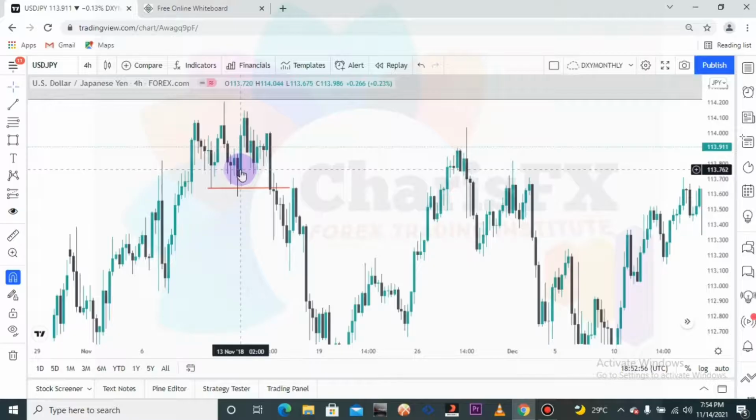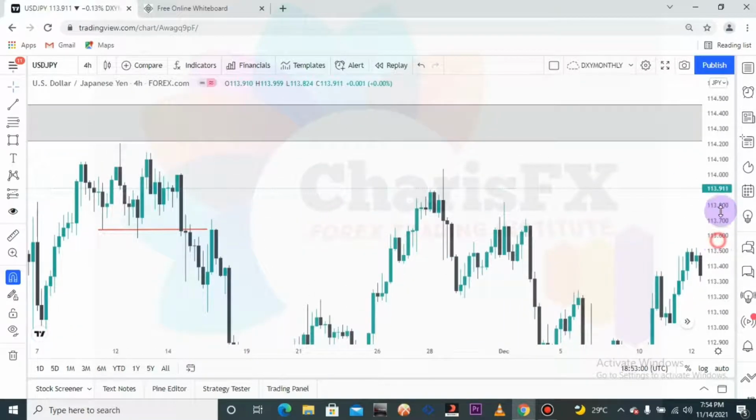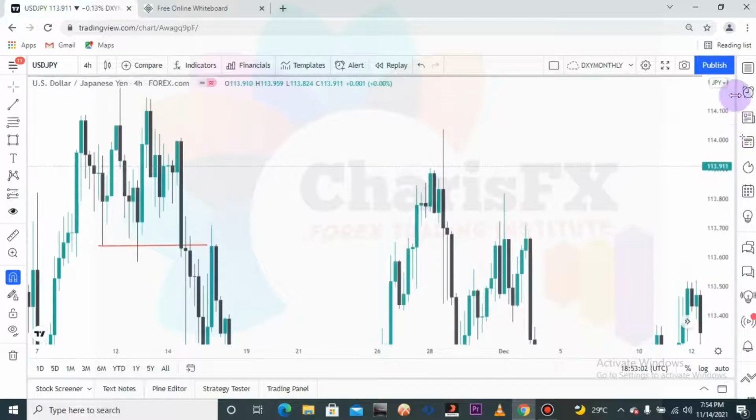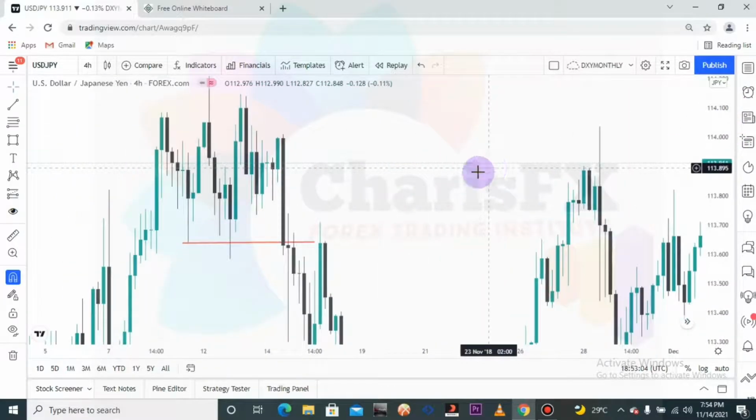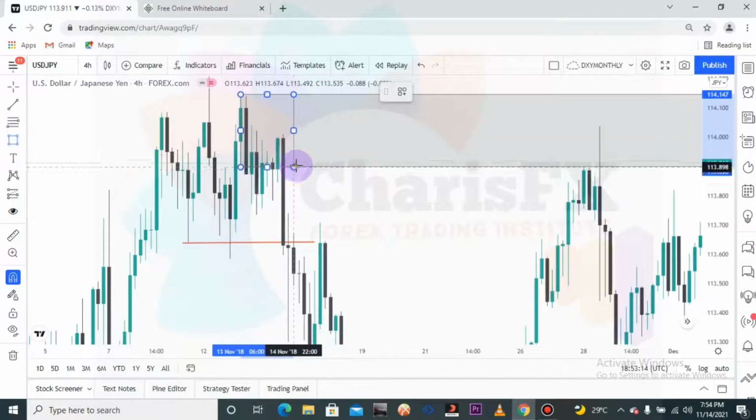This wick was not genuine, so I need to find where is the order block that sponsored price. So the last order block, I said this was the last order block that was traded through by a bearish candle. So mark it, the last bullish order block that was traded through by a bearish candle.